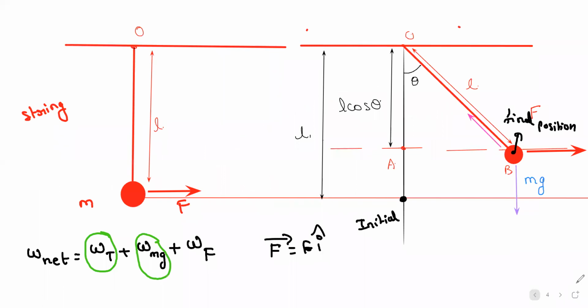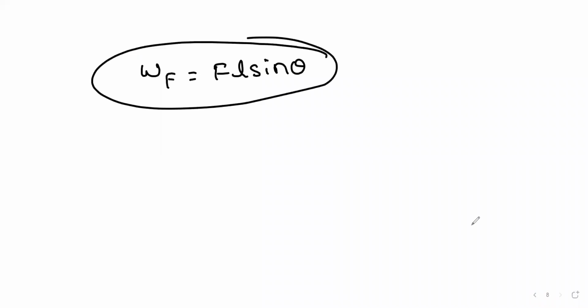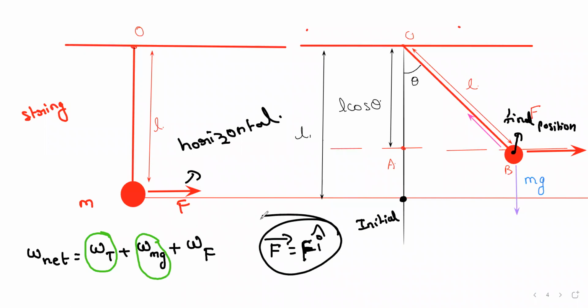Now look here, we found the work done by force F as FL sin theta, right? This is valid only when the force is horizontal, then force F is Fi.